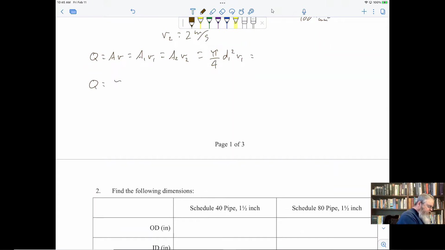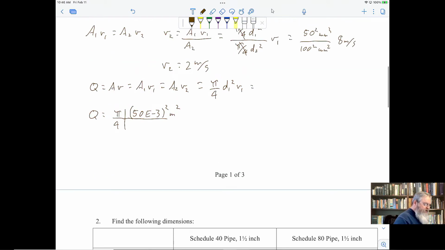So Q is pi over 4 times the diameter squared. The diameter at point 1 was 50 E negative 3 squared meters squared. That's me putting the D1 squared term into base units with scientific or engineering notation. And V1 we said was 8 meters per second.